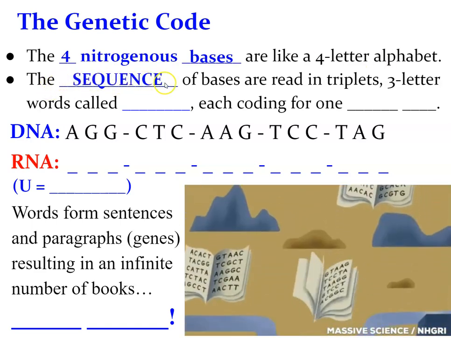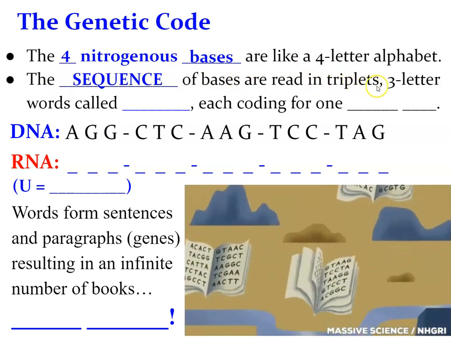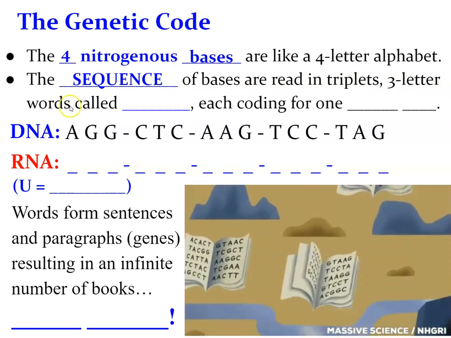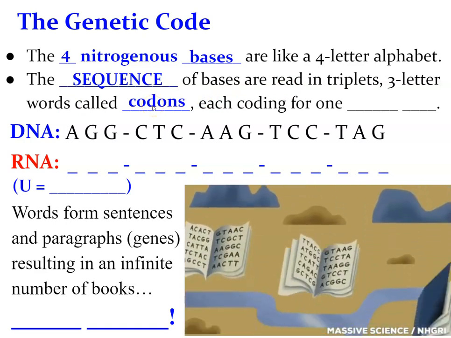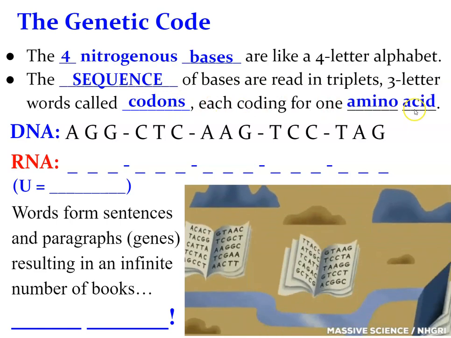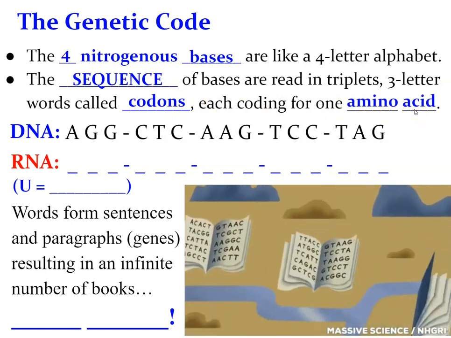It's the sequence of those bases. And they're read in triplets. In other words, 3-letter words. The analogy here is that these codons are like 3-letter words. Each codon codes for one amino acid in a polypeptide or protein.